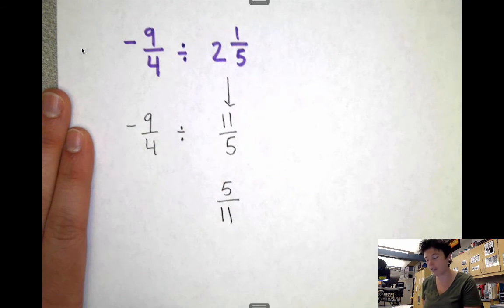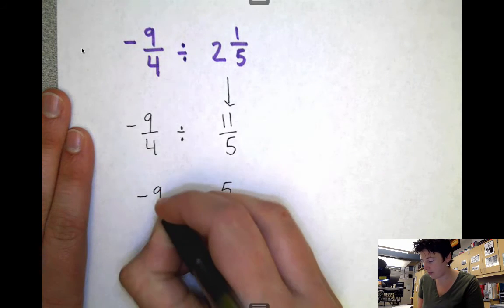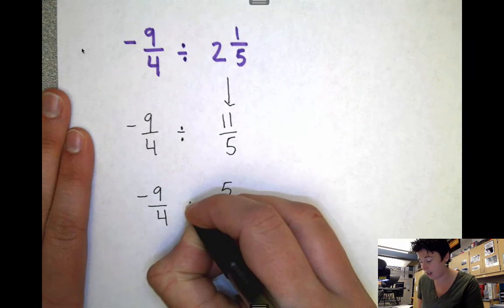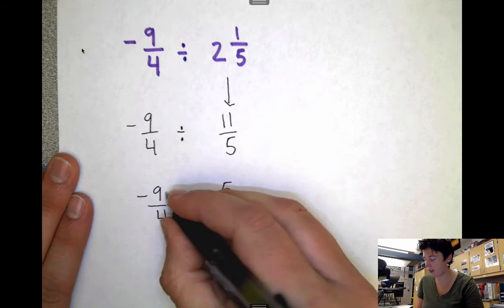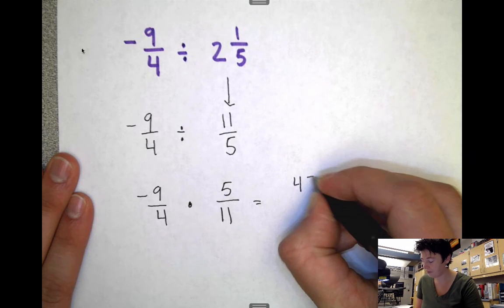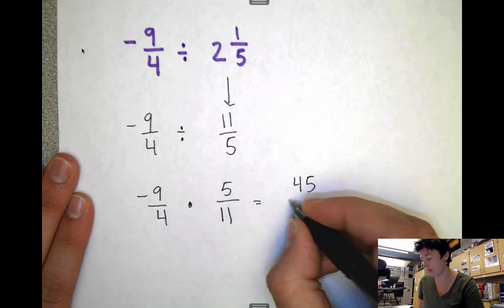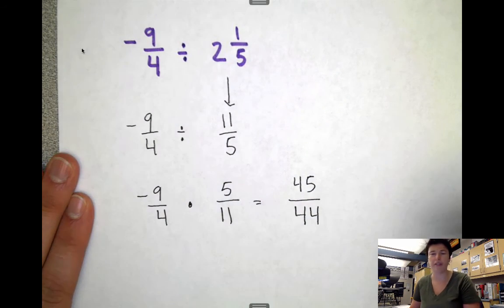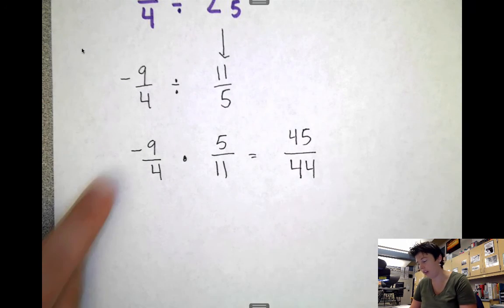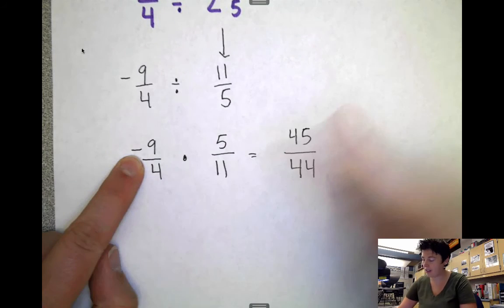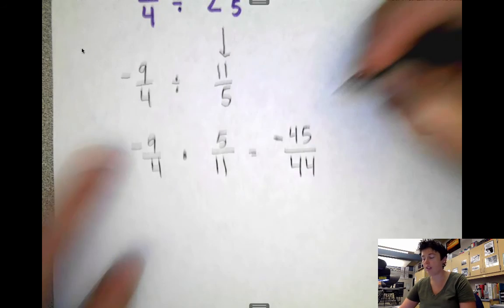So it's negative 9/4 times 5/11. Then I'm going to multiply straight across. 9 times 5 is 45. 4 times 11 is 44. So 45/44. And then I'm going to use my integer rules. A negative times a positive is a negative. So the answer is negative 45/44.